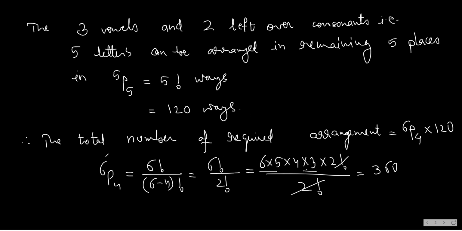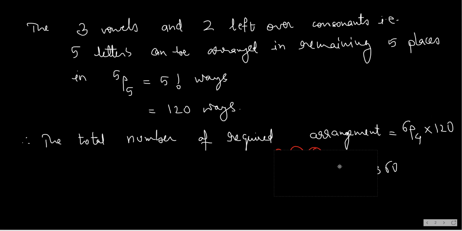In order to write 6p4, you will start from 6 and then write 4 numbers in decreasing, descending order. So 1, 2, 3, 4. Why 4? Because 6p4. And anyways, I had got the same thing. So we will use this technique for fast calculation of nPr.